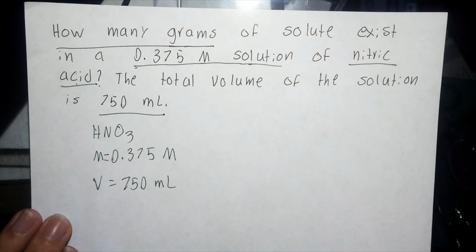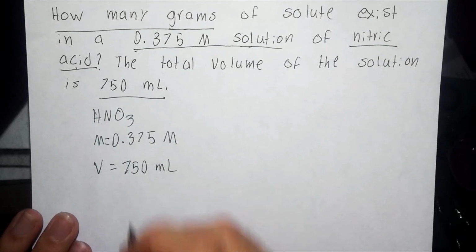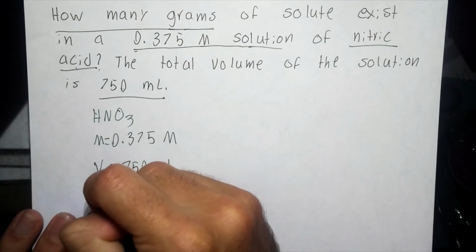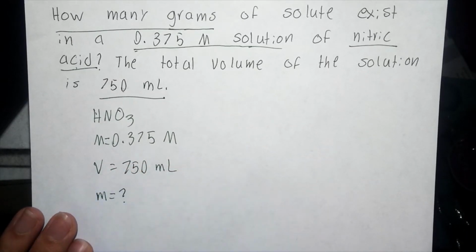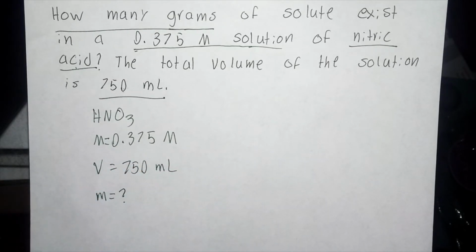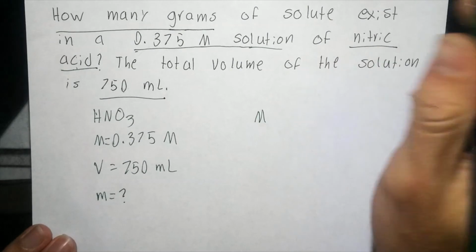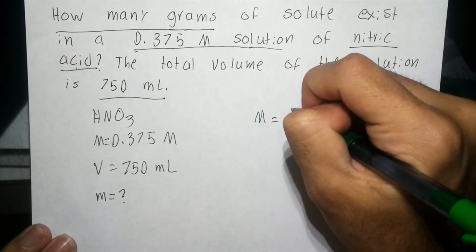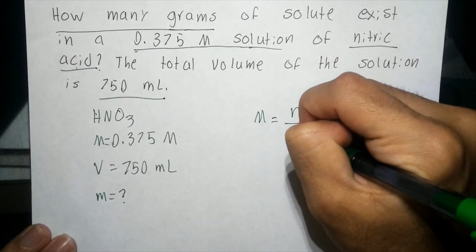What's being asked of us to find is the mass, or the grams. So we're looking for little m. Right now I only have one equation to work with molarity. All I know is that molarity is equal to moles of the solute over volume of the solution.